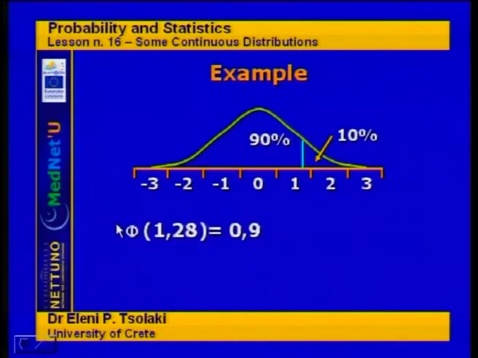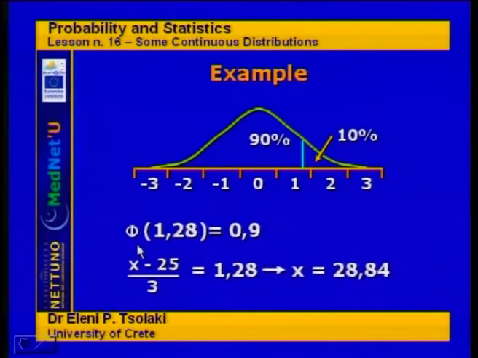We have that the value that corresponds to 0.9 is actually at 1.28. So for the cumulative distribution function to be 0.9, we have to have that z should be 1.28, where z is (x minus 25) divided by 3.